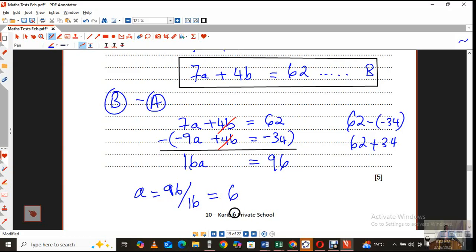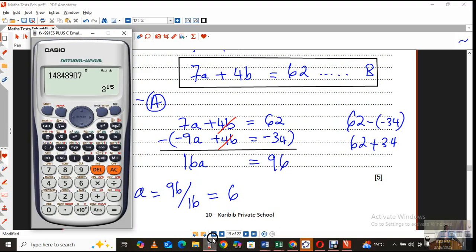Very importantly, write this nicely so that it doesn't look like a different digit. Of course, 96 divided by 16 is 6. Good, so our value of a is 6.